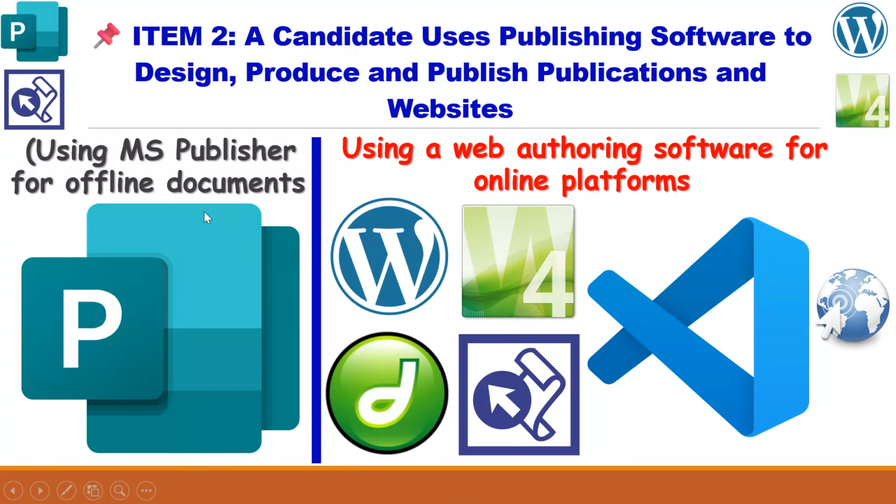If the task is not asking for an offline document, then it is asking for an online platform. And with an online platform, you are using a web authoring software such as WordPress, Expression Web, Dreamweaver, FrontPage, VS Code, etc. Some of you are using Notepad.